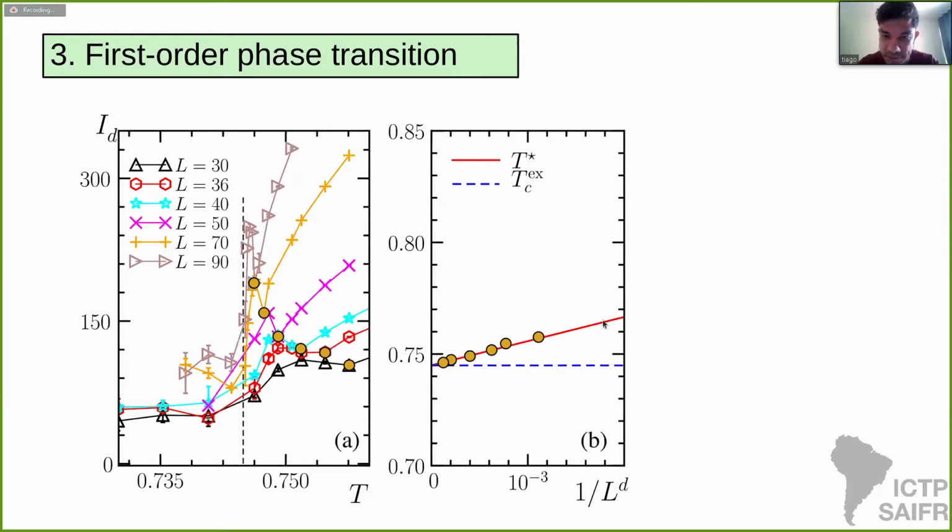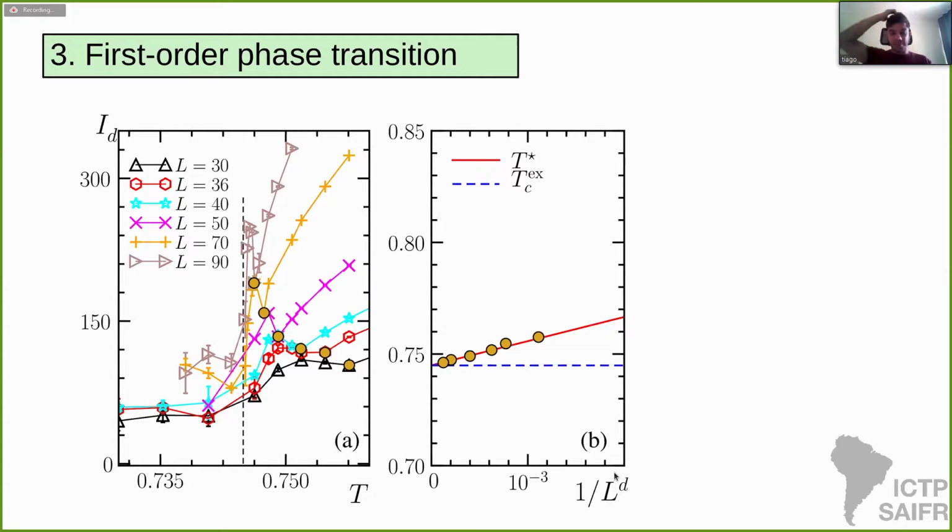What we observe is that when you put in the scaling the dimension, the trivial exponent, in this case not a critical exponent, we get, within error bars, the exact value for the temperature. So our numerical results indicate that the intrinsic dimension is following the scaling expected for a first order transition, which in this case is given by this trivial exponent.